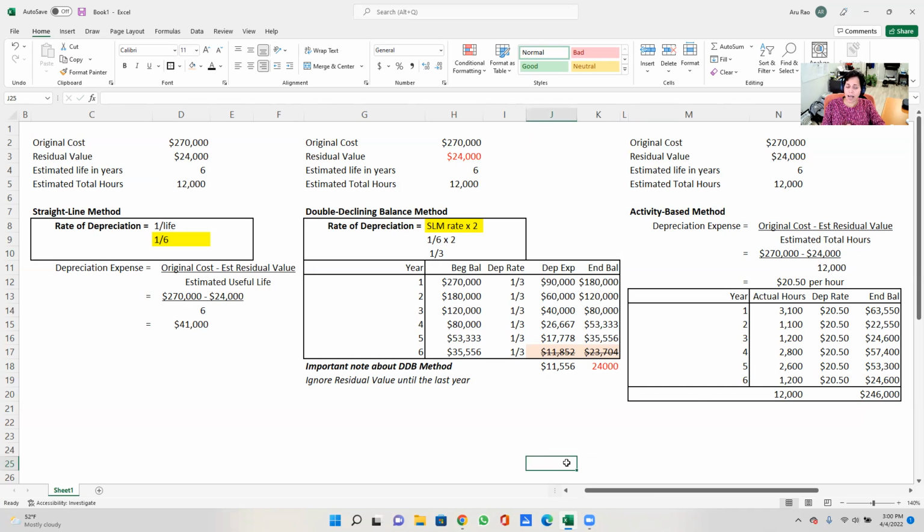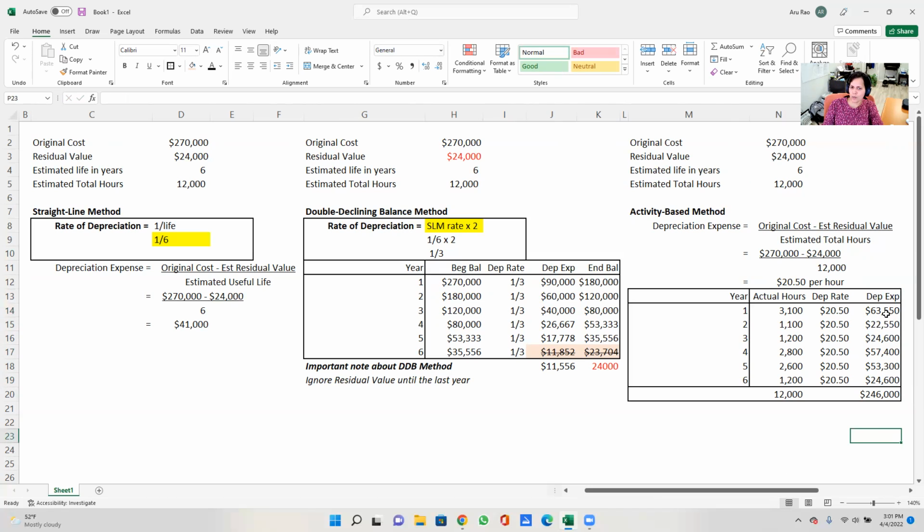So we were asked to create a schedule. A schedule is simply saying in a table, lay out the depreciation expense. Straight line method, the answer is 41,000 for all years. For the double declining method, you will take the numbers from this column and put down the numbers for the double declining balance method. And for the activity-based method, you're using the numbers over here. And this is depreciation expense. Let me correct that.